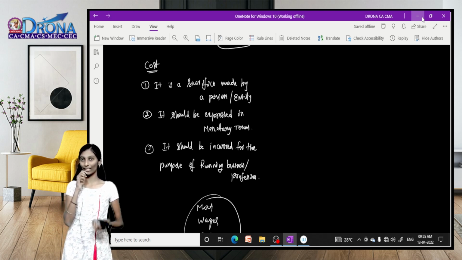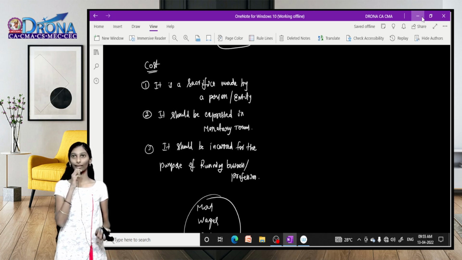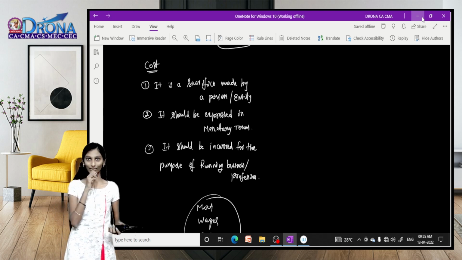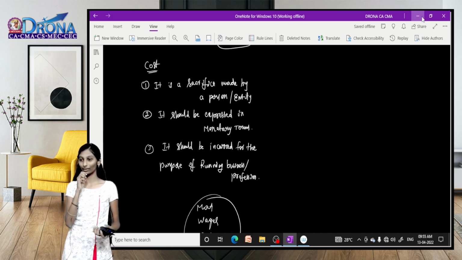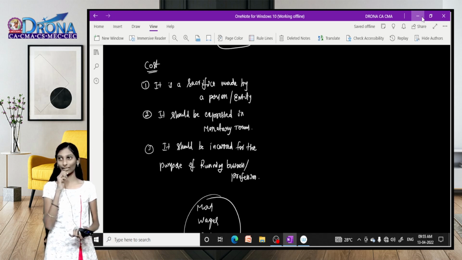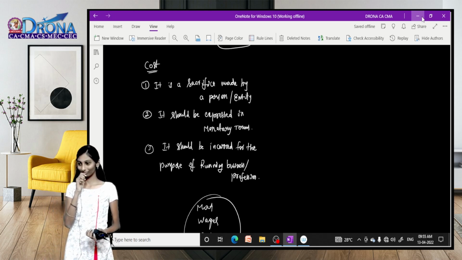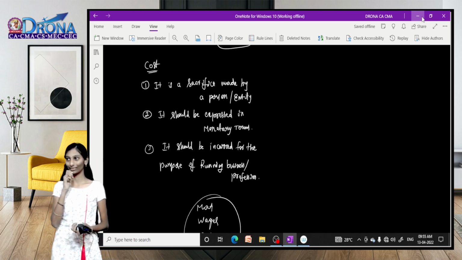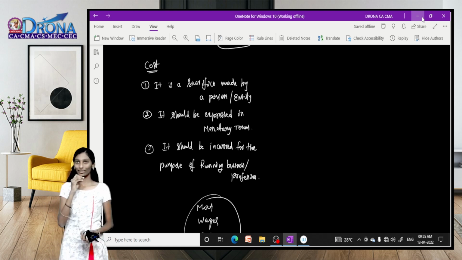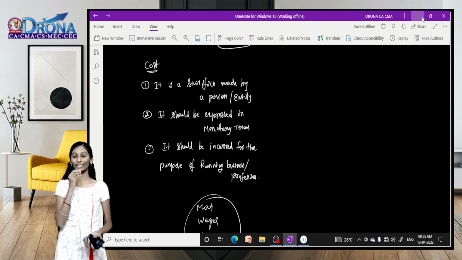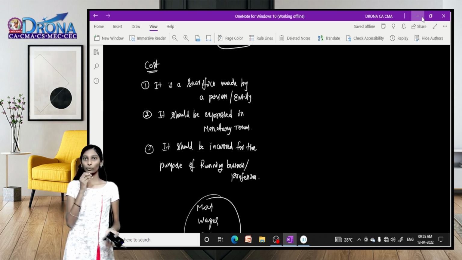Cost is classified into three types. The first one is stock valuation and profit computation: expired cost and unexpired cost, product and period cost, manufacturing, administration, selling and distribution cost, job cost and unit cost.